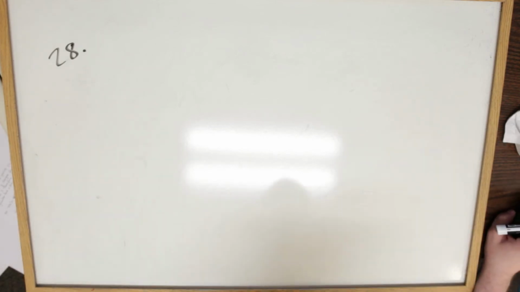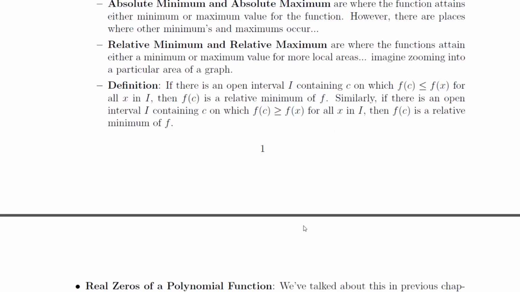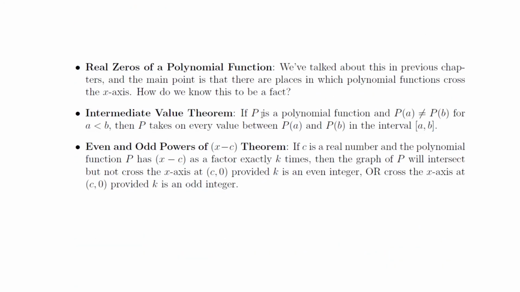So let me bring the notes back up here so I can read directly from it so you can see. If you have a polynomial function where your y values are not the same, and you've got an x value here that's smaller than some other x value, then your polynomial's y values will be every value between p of a and p of b within that interval.